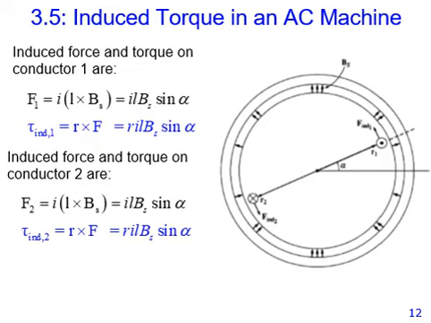Induced force and torque on conductor 2. This is calculated by finding the force for conductor 2 separately, which again is equal to I L Bs sine alpha.